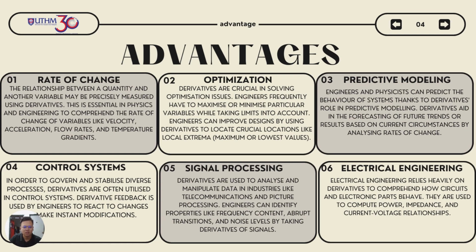Engineers can identify properties like frequency content and abrupt changes by calculating the derivative of a signal. The last one is electrical engineering. Electrical engineering relies heavily on derivatives to comprehend how circuits and electronic devices behave. They are used to compute power, impedance, and current-voltage relationships.